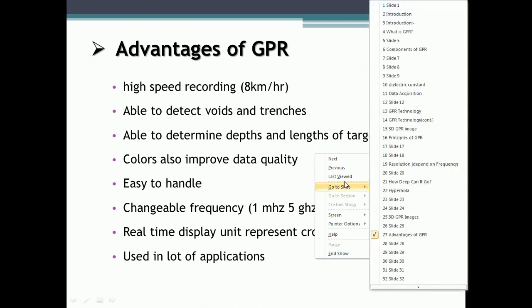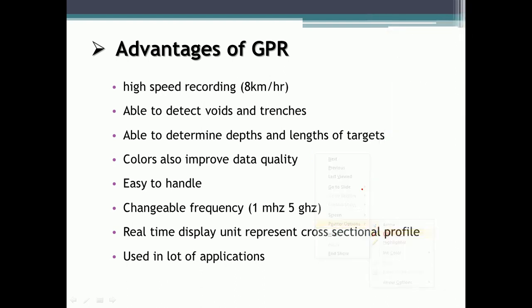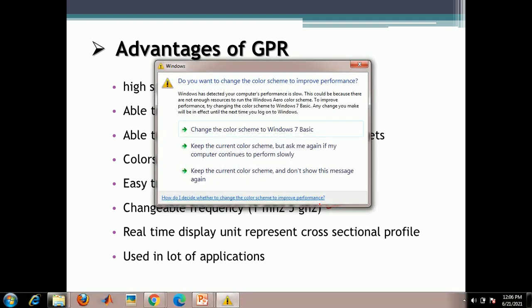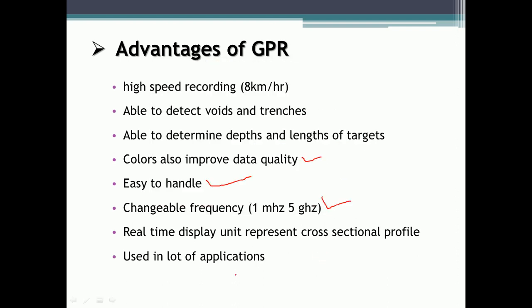The 3D images we get using this are colored images, so good quality images can be obtained. Most important, it is easy to handle and has changeable frequency. Based on the requirement we can fix the frequencies and obtain the required resolution. It is also a real-time display unit, and we can get the cross-sectional profile directly.